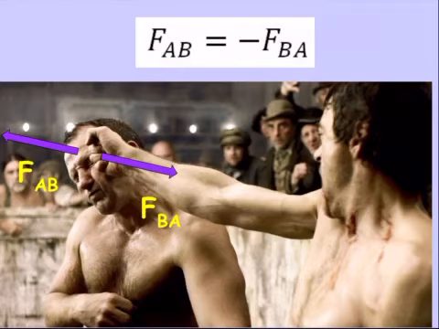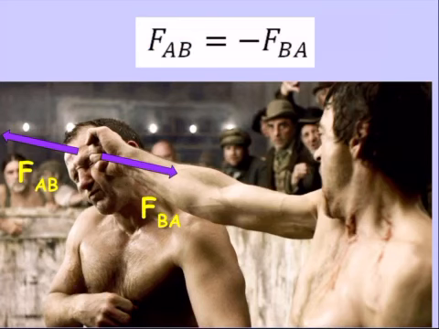Just remember, if ever you punch a wall, your hand gets hurt as well. And that's because of Newton's third law. There's an equal and opposite force. The opposite is identified by the negative sign on the F subscript BA. And that's how it's shown mathematically.